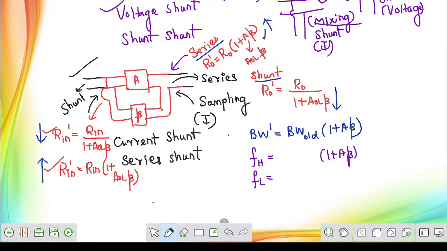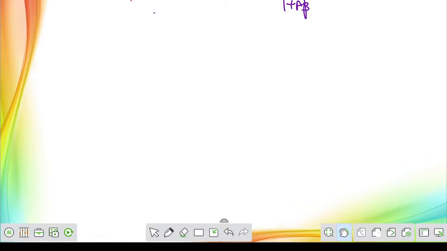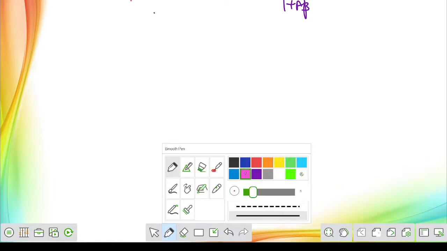Upper cutoff frequency is always very high. Lower cutoff frequency, of course, is very low. For the upper cutoff frequency, the existing frequency will get multiplied with 1 plus A times beta. For the lower cutoff frequency, with the given unity gain frequency, you will have to divide it by 1 plus A times beta. Just remember, sometimes you may be requested to solve these things in the examination.